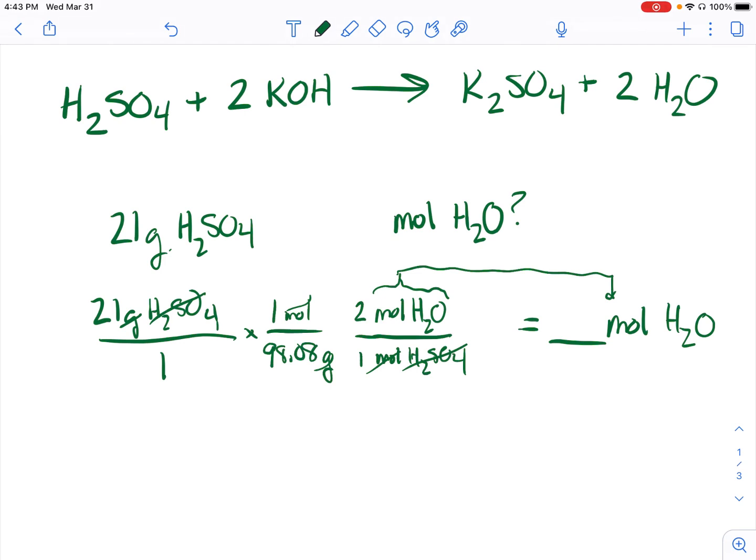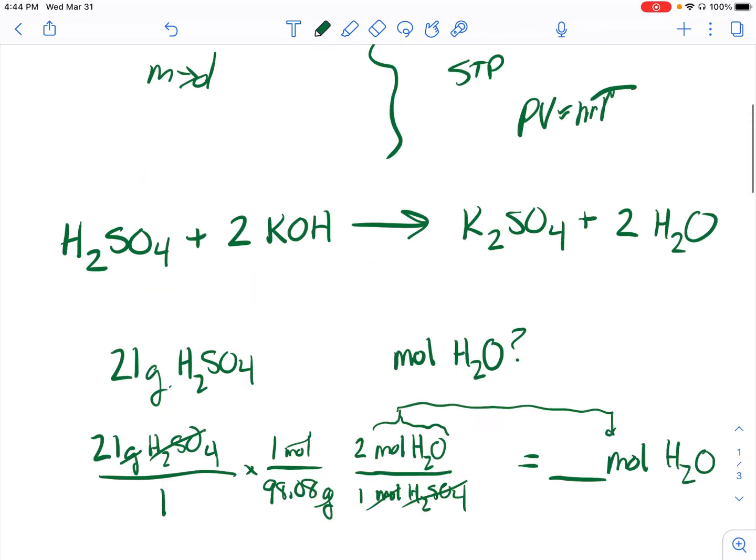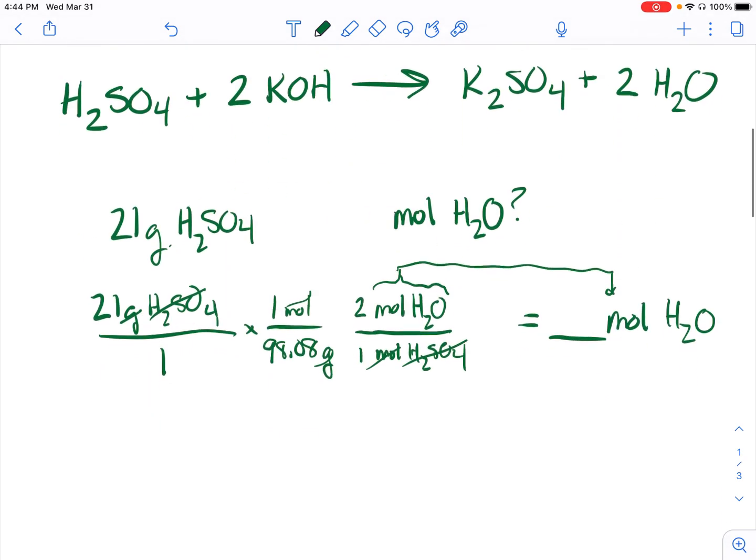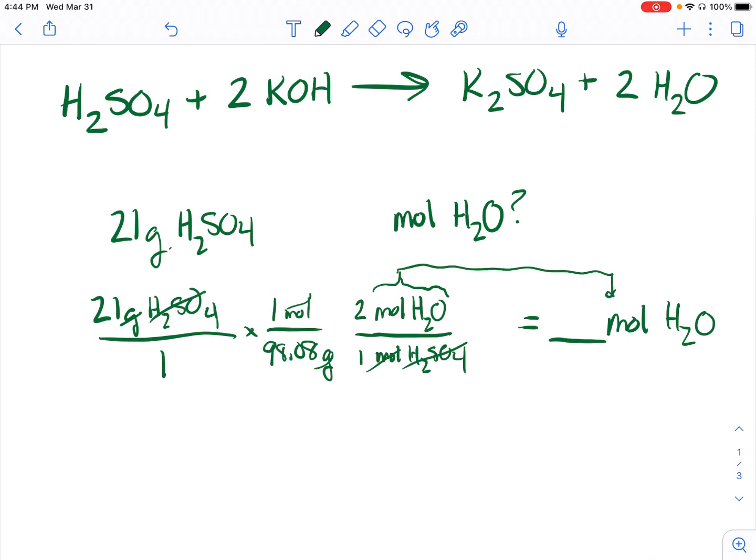21 times 1 times 2 divided by 1 divided by 98.08. I totally did that wrong. Figure out what I did wrong in the last one. I know I did it wrong.